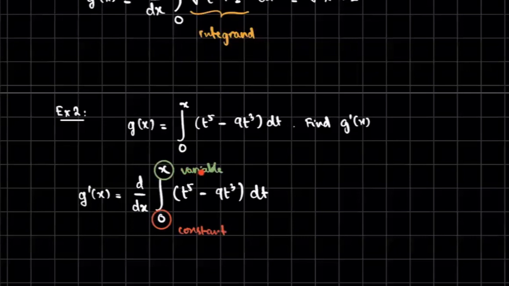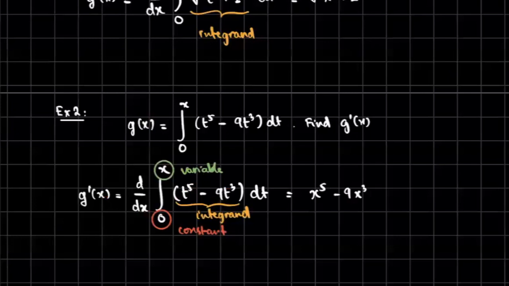And the variable is the same with g of x, the same with g prime of x, and the same with the variable that you want to take the derivative on. Right? So everything agrees with one another. Therefore, for the answer, you just bring the integrand right here. That is the answer, because derivative and the integral operators cancel out, you're left with just the integrand, but the answer should be in terms of x only. So this is x to the 5th power minus 9 times x cubed.